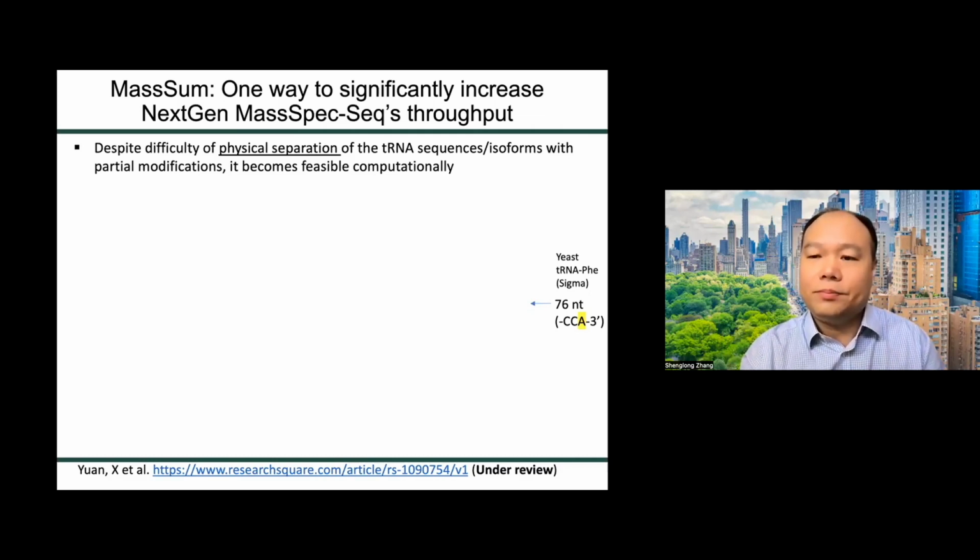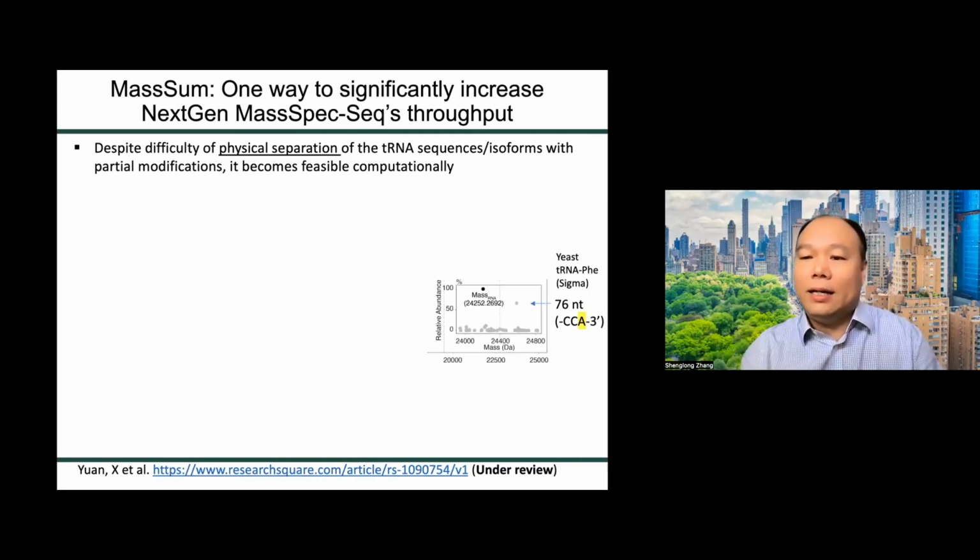So this is one tRNA, a Phe tRNA from yeast. As you can see, this is definitely a mixture. tRNA has a mass of around 24,000 Dalton, and each dot here indicates one tRNA. You can see this is a mixture, and this is the 76-mer with full-length CCA, but this is not the most abundant species. The most abundant tRNA is the 75-mer with the 1 A missing at the 3' end.